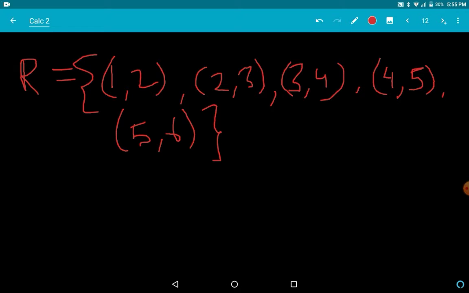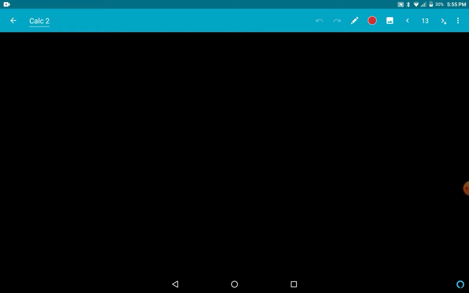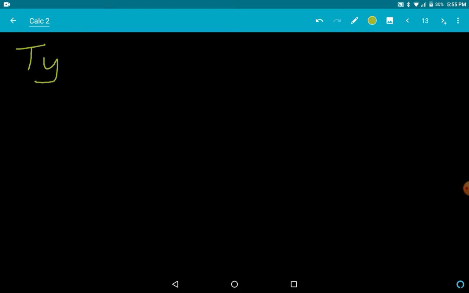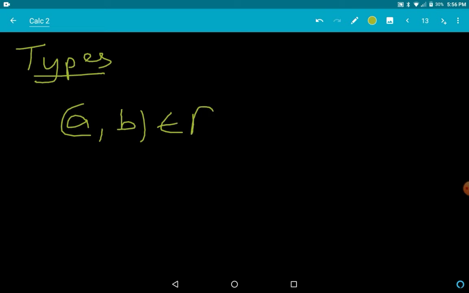So we have done some sums, and I think by now you understand what a relation is. Okay, now we will talk about types of relation. Before I tell you the types, let me tell you something. If (a, b) belongs to R, obviously this follows a rule, and these can be in two different sets or a single set also.